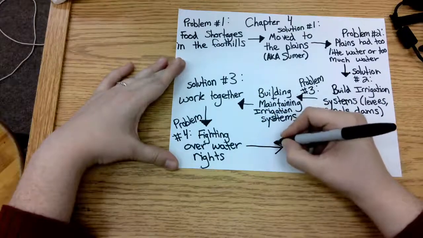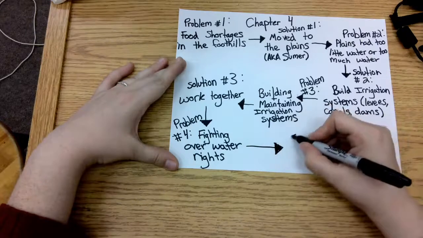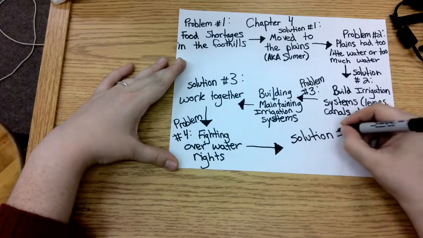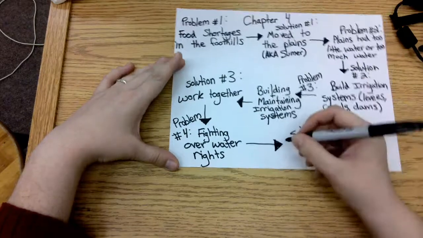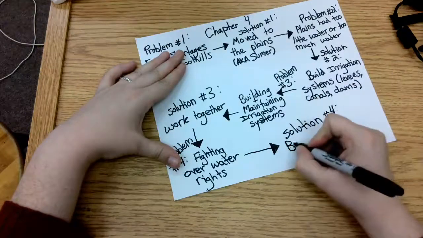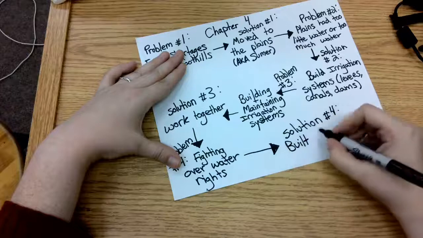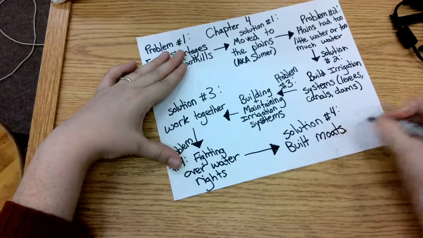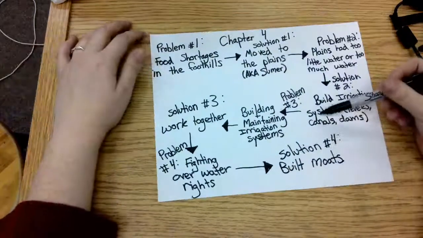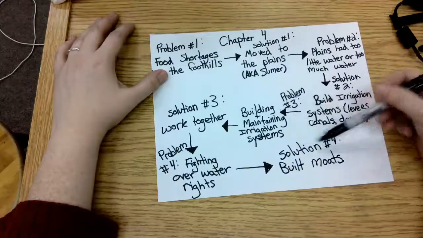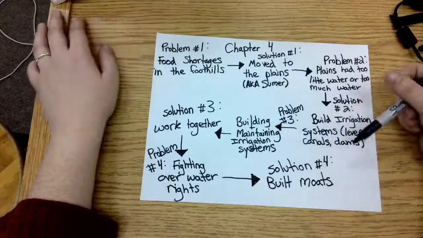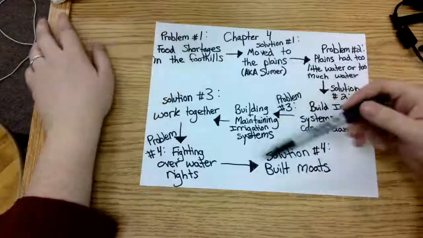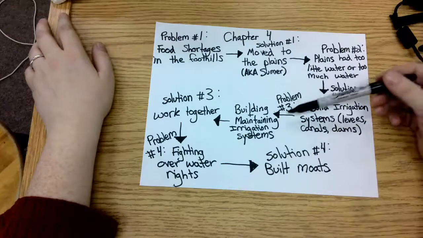To solve that problem, our solution was they built moats. Moats are kind of like canals. They're these big bodies of water that are carved out of the land by people.